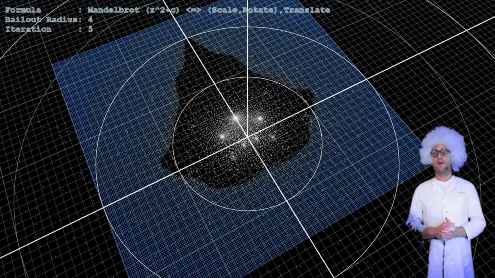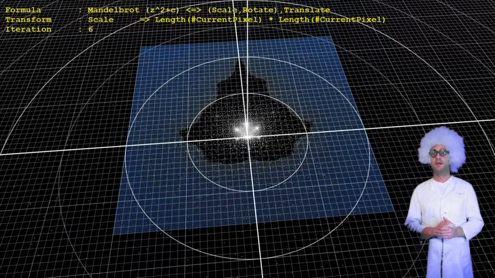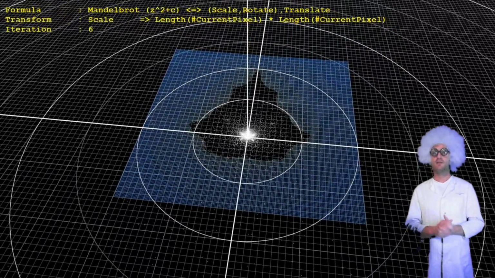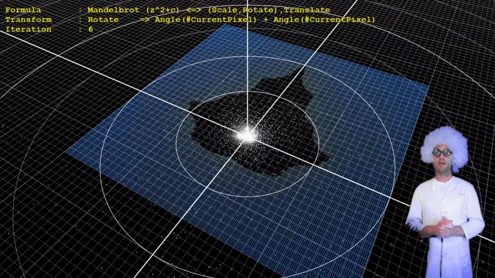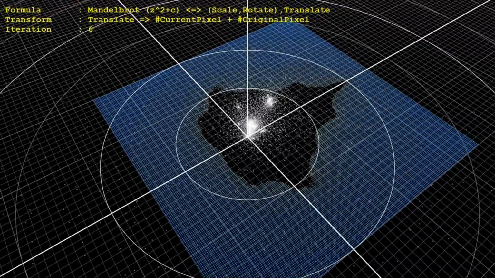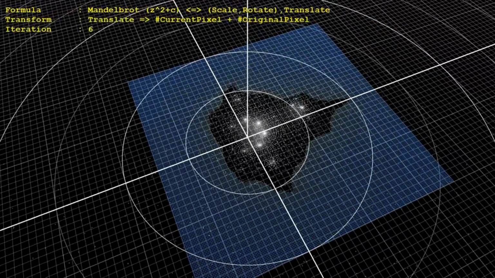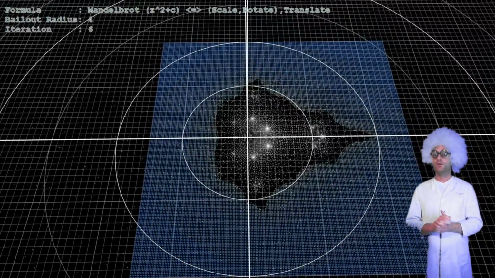The complex squaring doubles the angles. This has the effect that points on the positive x-axis do not move at all, and points on the negative x-axis rotate by 180 degrees. The bailout distance chosen here is 4.